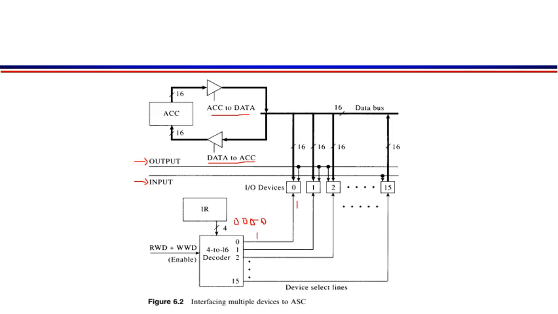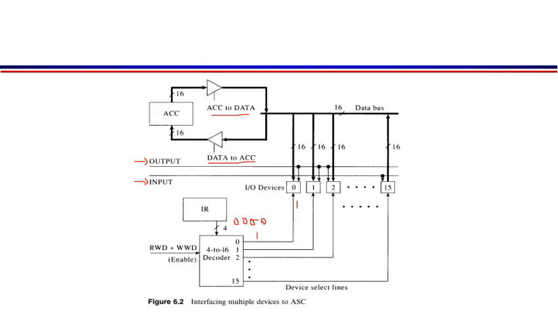Whenever there is a data to accumulator signal which is high, data from the devices will be taken as input data and it will be given to the accumulator. So there are two control signals which are connected with the control unit and the accumulator. There are also two input and output signals which are given from the input and output line.